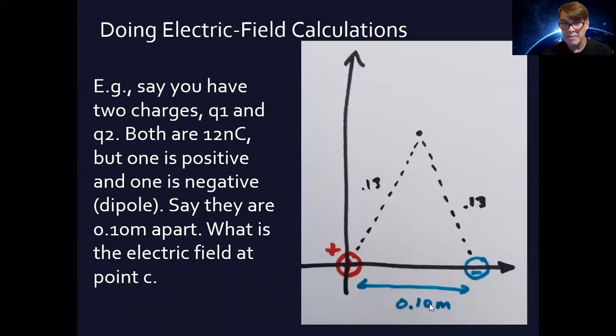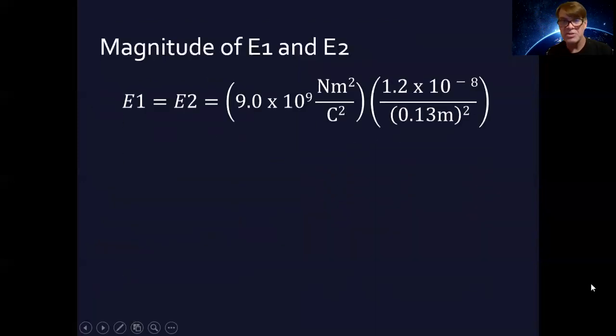Let's go to this diagram. The positive charge is pushing out, and the negative charge is pulling in. So both of these are going to combine in the same direction, namely the positive x direction, if we want to create a kind of Cartesian framework around it. And so we're going to have twice of something on that particular point.